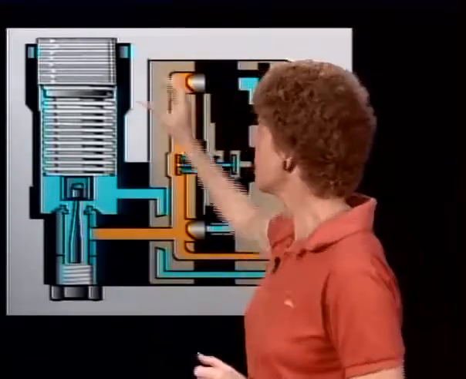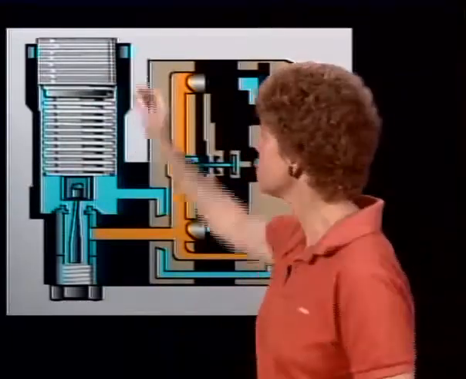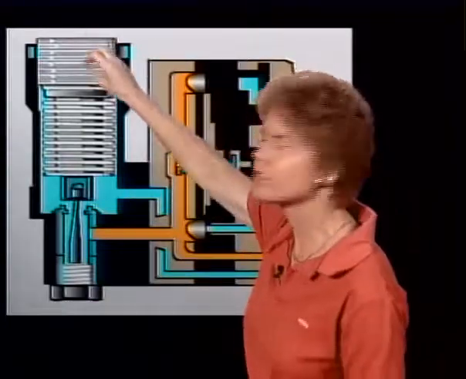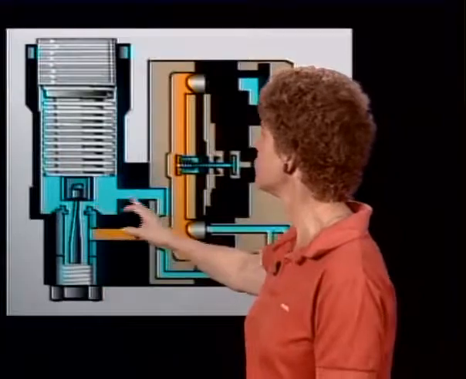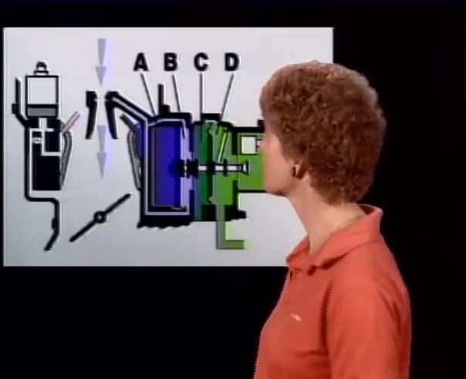The metallic bellows here is sealed at 28 inches of absolute pressure, and that bellows, as the airplane goes to different altitudes, responds to changes in atmospheric temperature and pressure, and the expansion and contraction of that bellows moves this tapered needle down here, which changes the air pressure in those chambers A and B. So the automatic fuel flow metering mechanisms, the automatic mixture control, are actuated by the mass of air passing through the carburetor.